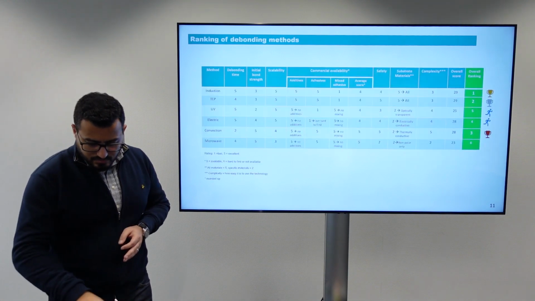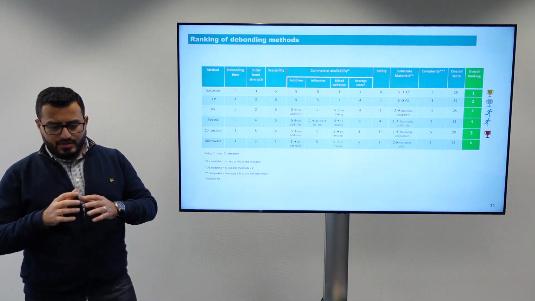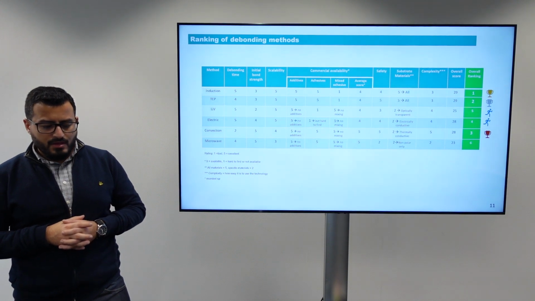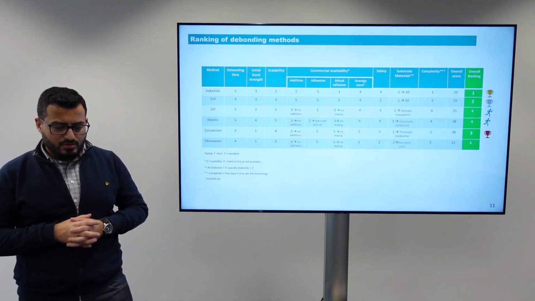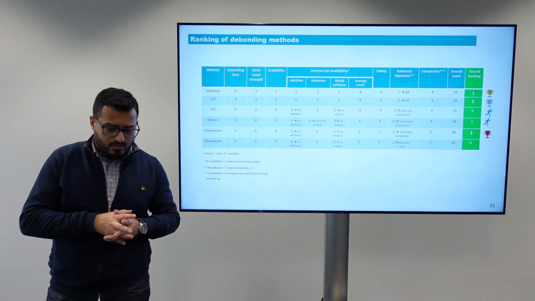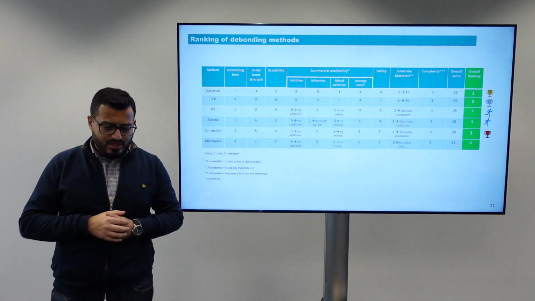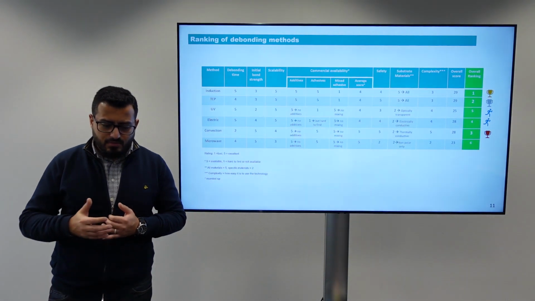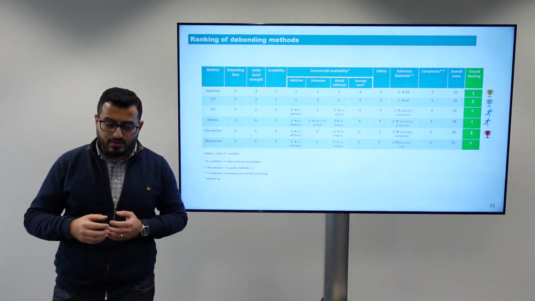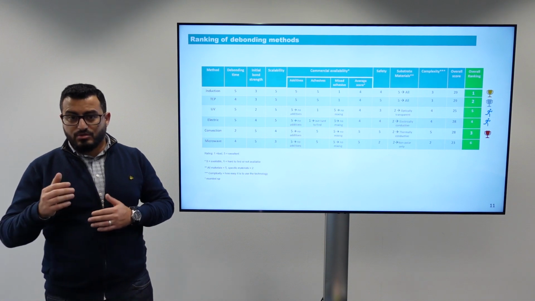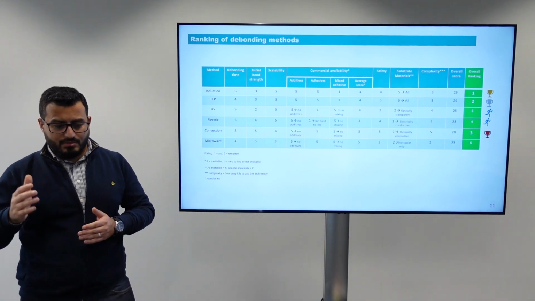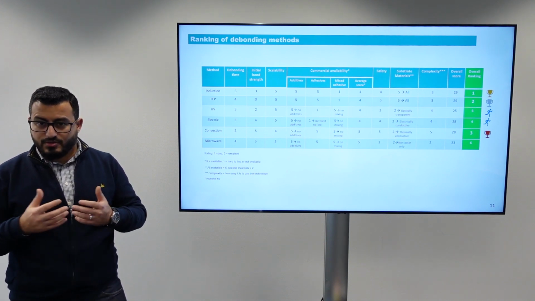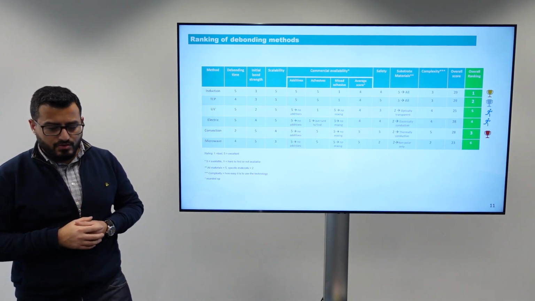So if you want to compare, or let's say rank these debonding methods, actually we combine certain criteria or aspects that we can look for. So, for example, the debonding time, initial bonding strength, how scalable it is if you are considering larger applications, the commercial availability in terms of adhesives or particles, or the combination of both.